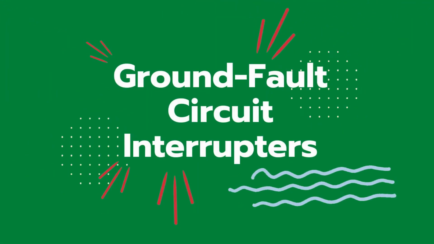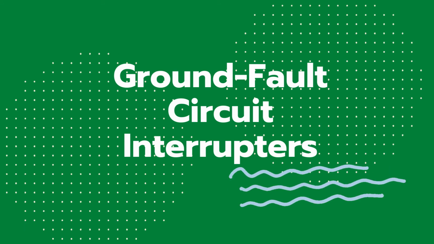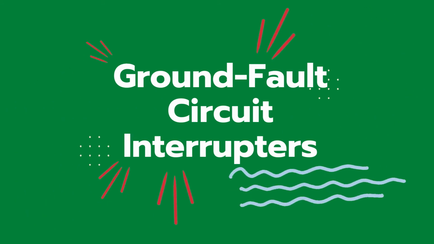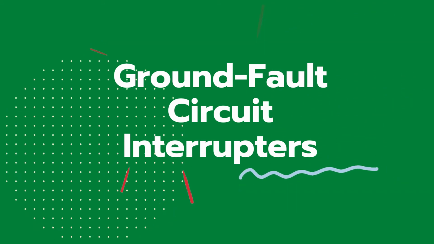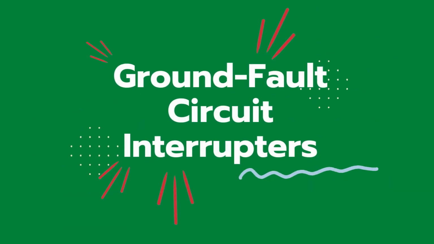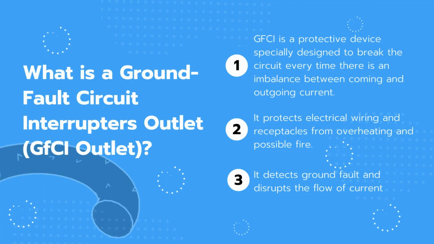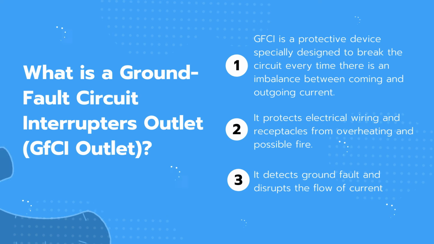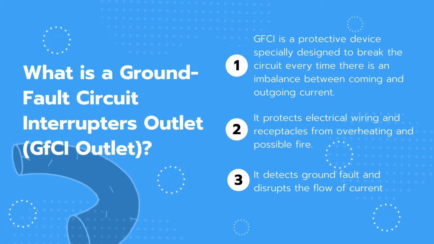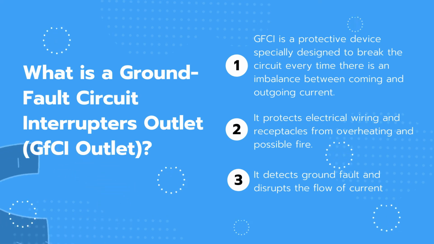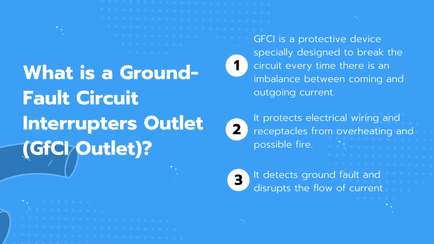Now, let's talk about GFCI or the ground fault circuit interrupters. First, what is a GFCI outlet? A GFCI is a protective device specially designed to break the circuit every time there is an imbalance between incoming and outgoing current.